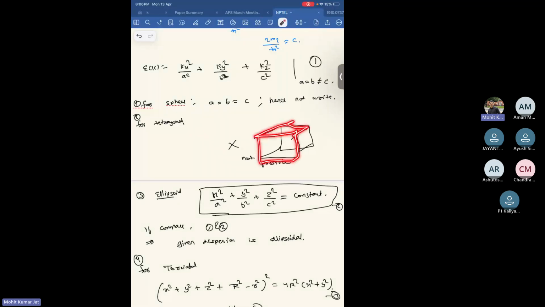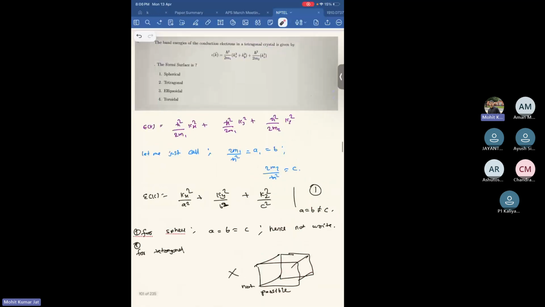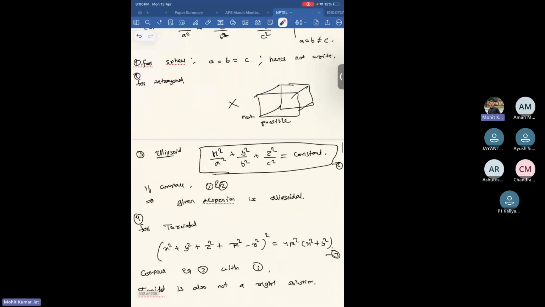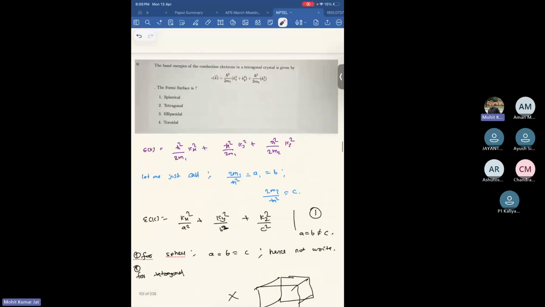Basically, it will be like this. For ellipsoidal, if you compare 1 and 2, the given dispersion is ellipsoidal, because it's an ellipsoid of which these are a and this is b, and then there will be c also in 3D. Maybe these two are a and this is c, which is m1 and m2.